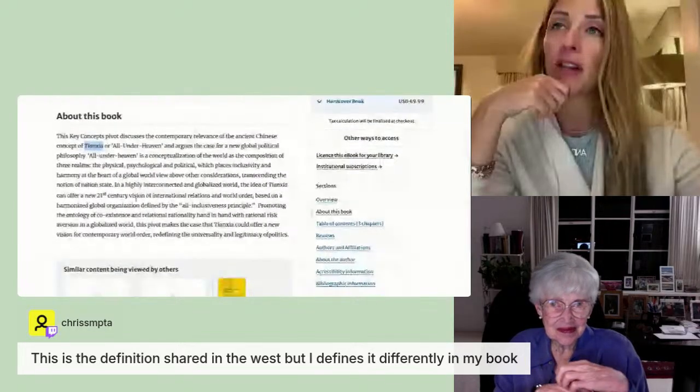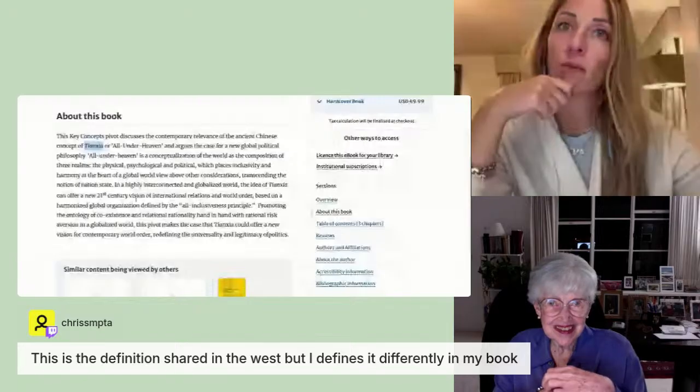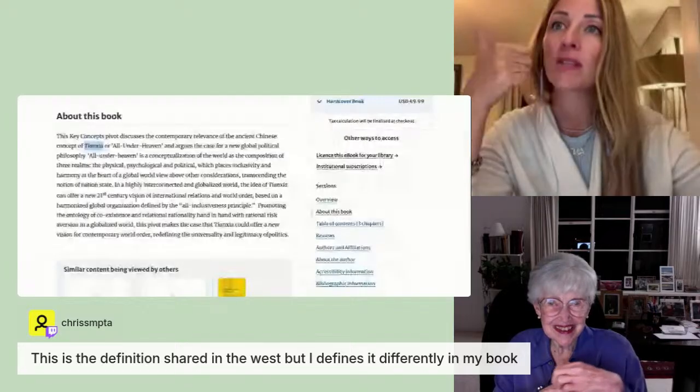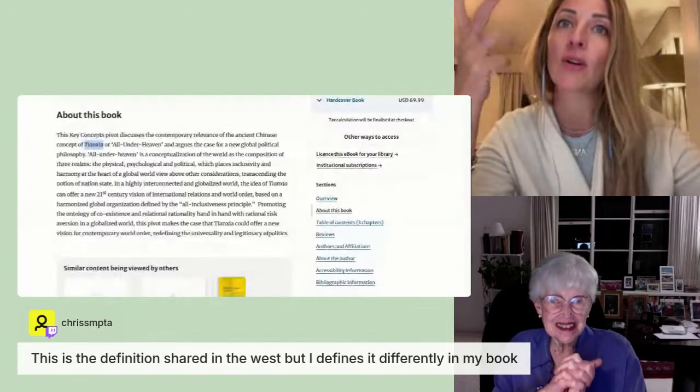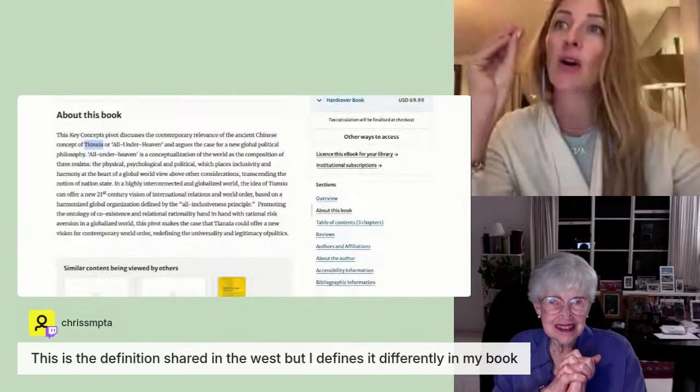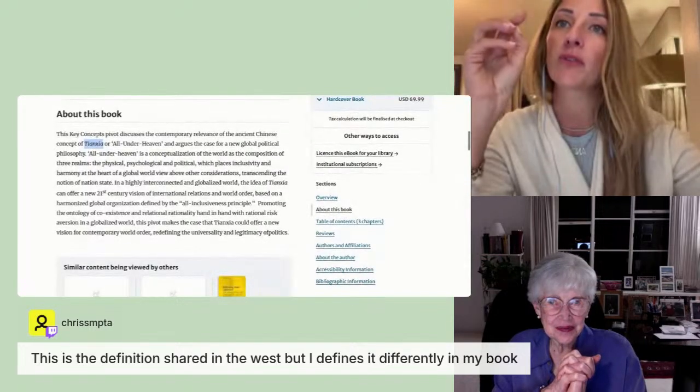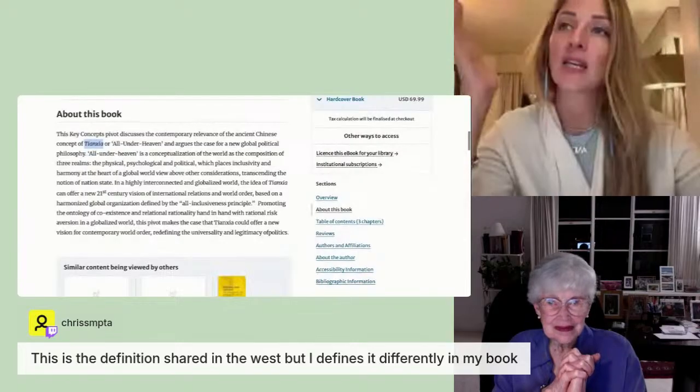All under heaven is a conceptualization of the world as the composition of three realms: the physical, physiological, and political, which places inclusivity and harmony at the heart of global worldview above all other considerations, transcending the notion of a nation state.